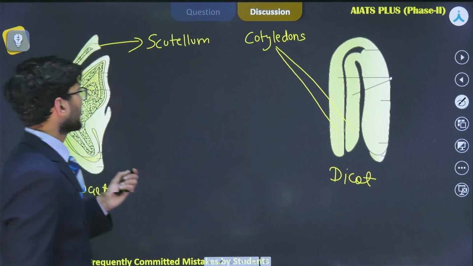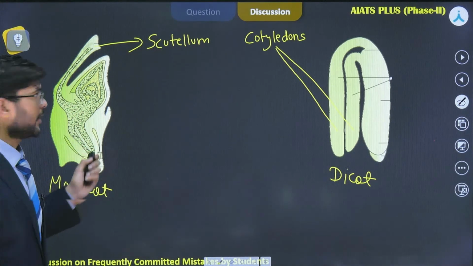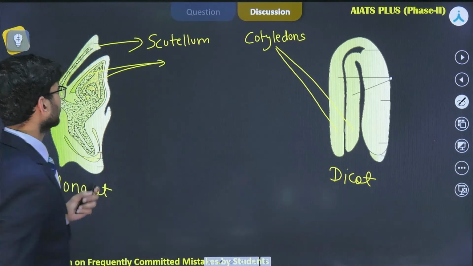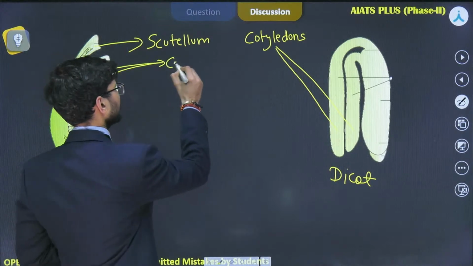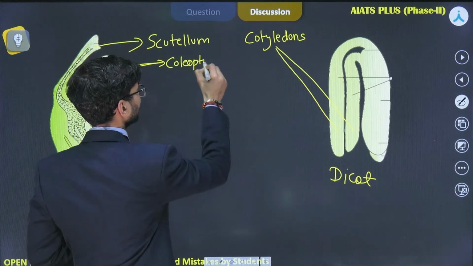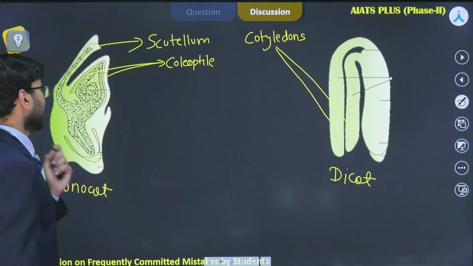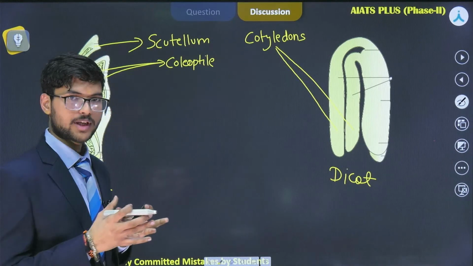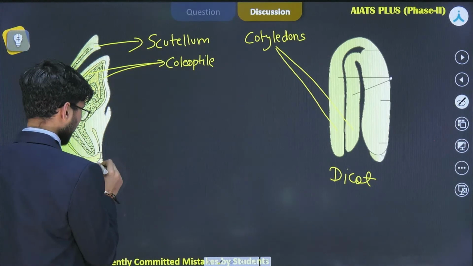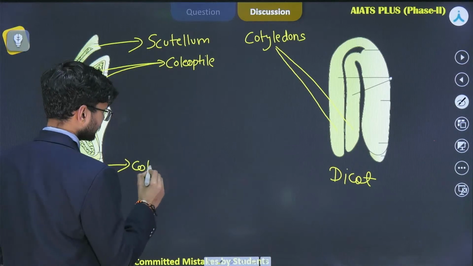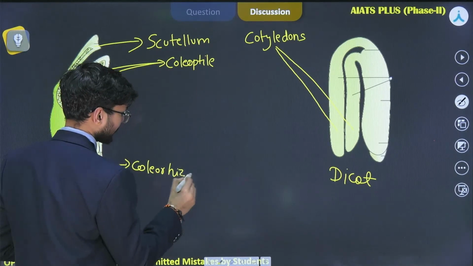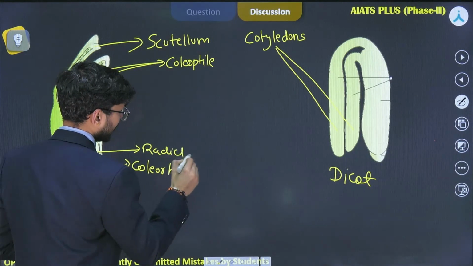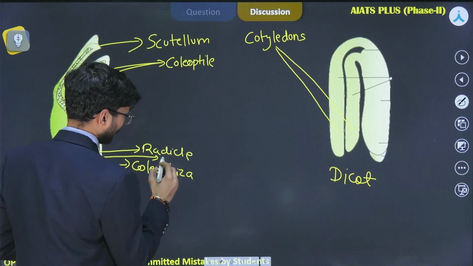Okay, so in case of monocots you will find that these two structures are coleoptile, and the coleoptile covers the plumule region of the embryo. Okay, while the lower portion that you see here is coleorhiza, which is covering the radicle. Okay, and radicle is covered also by the root caps.